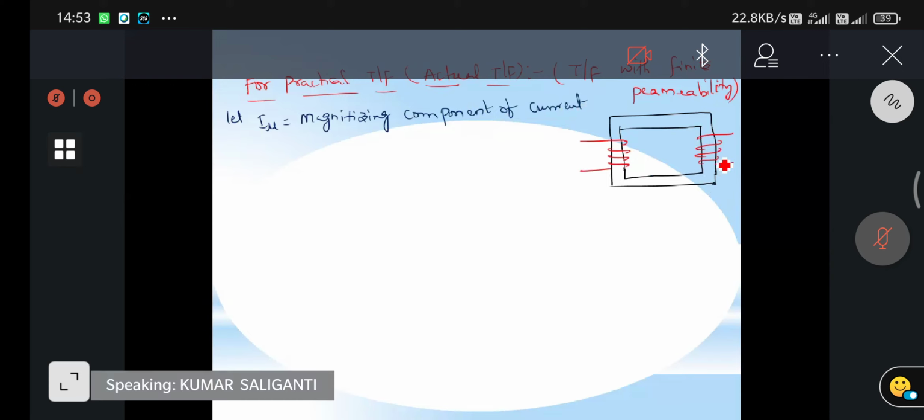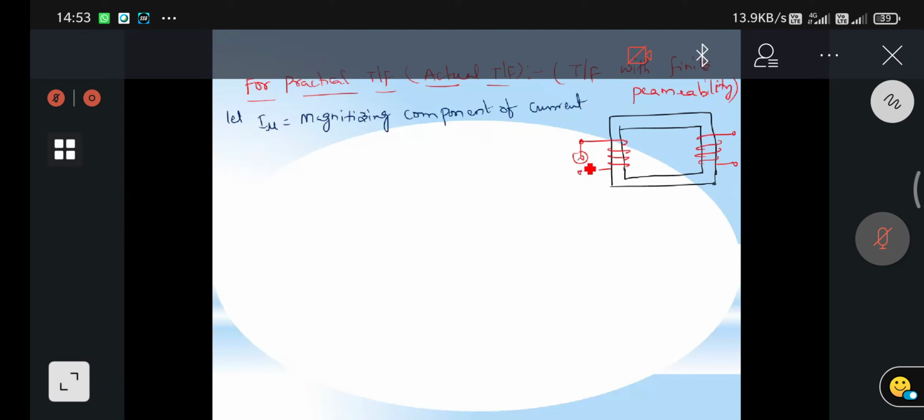I'm taking these as the terminals of this transformer. Here V1 is the primary voltage, N1 is the number of turns, E1 is the induced EMF, N2 and E2 on the secondary, V2 is the secondary voltage, I2 and I1 are the currents.